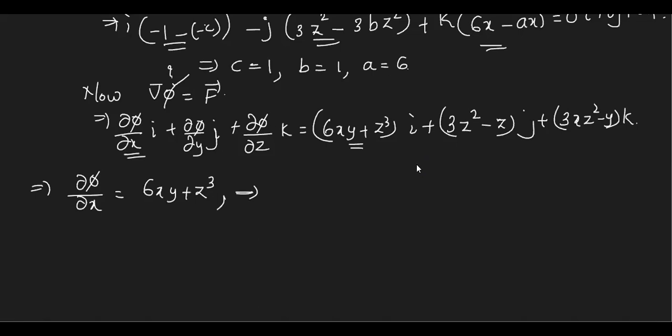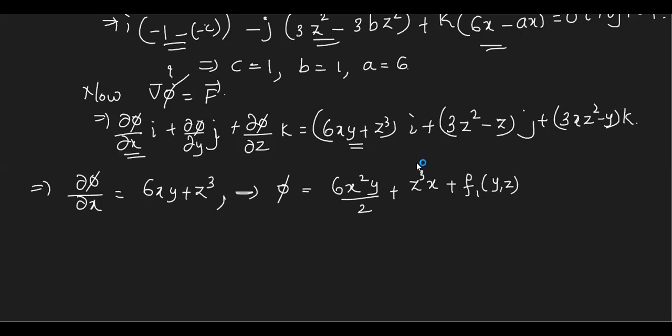After equating, you integrate with respect to x. Phi equals 6x square y by 2 plus xz cube plus f1 of y comma z.